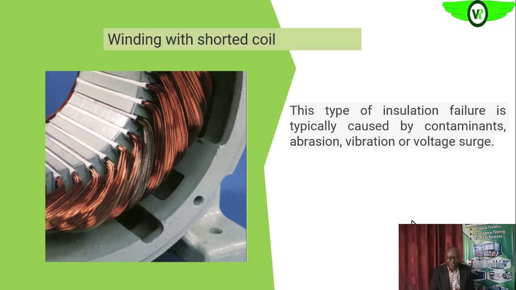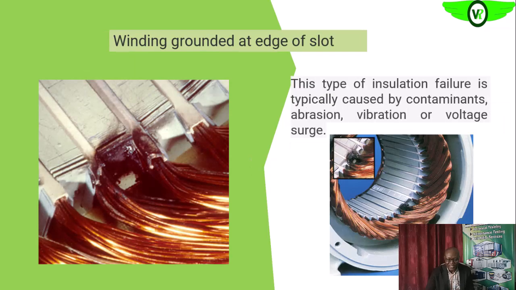If there is a short in one of the windings, this is how it will look. One of the windings will just be burnt. The same contaminants, vibration, and voltage surges can result from poor workmanship too. Once the insulated copper wire is not properly handled, it can also result in something like this.